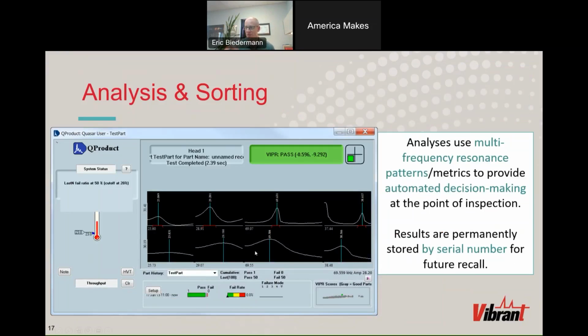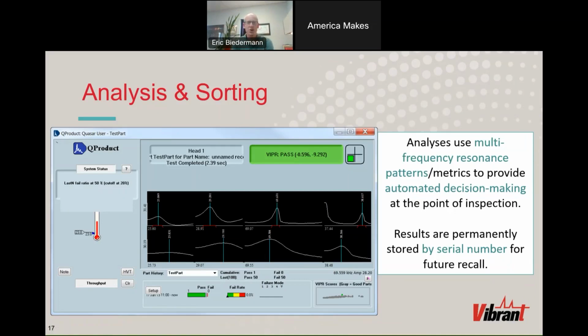And then that scan is repeated in high resolution to get very high fidelity frequency data for all of those modes. And then the frequency information for those 4 modes is run through the Viper statistical scoring criteria, and it renders a pass or fail result. In the case of this part, it gives a green light pass result. This entire sweep took less than 5 seconds to scan the part and return a pass or fail result. So very, very fast.